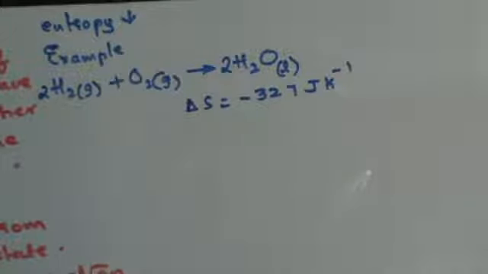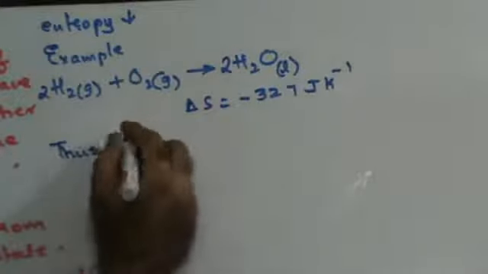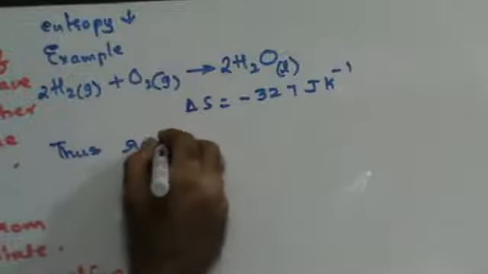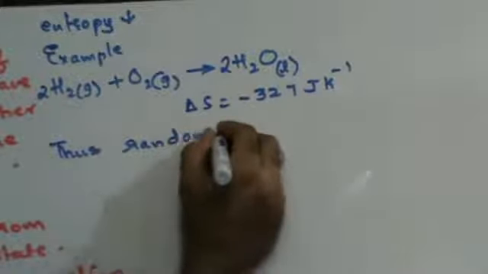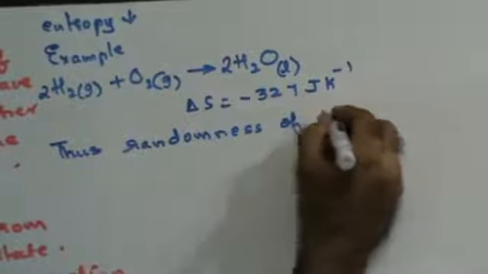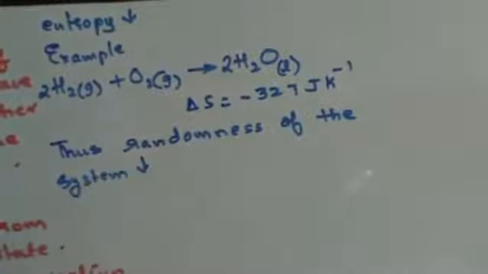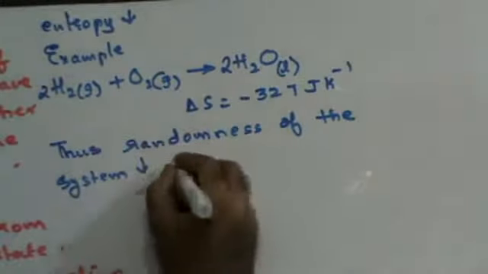Now, how does this occur? This reaction is explained to us by thermodynamic second law, right? I can say thus, the randomness of the system decreases though it is spontaneous.